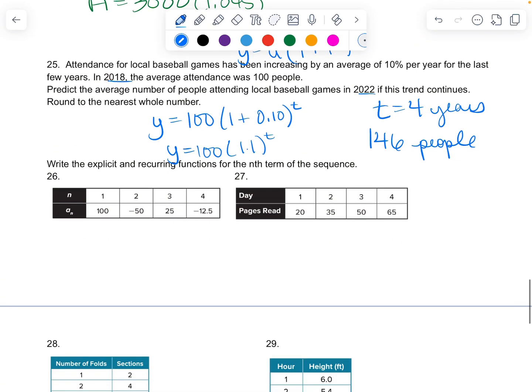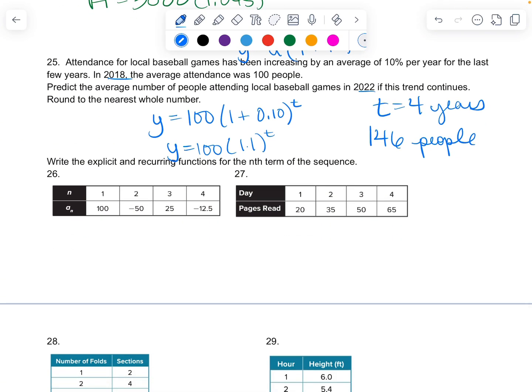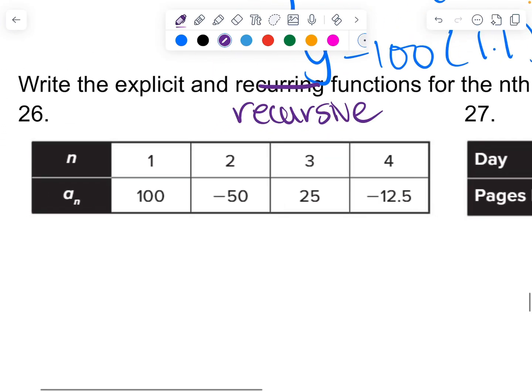This next one wants us to write explicit and recursive functions. Okay, so here we go. Well, it's going positive, negative, so automatically it's not going to be arithmetic.